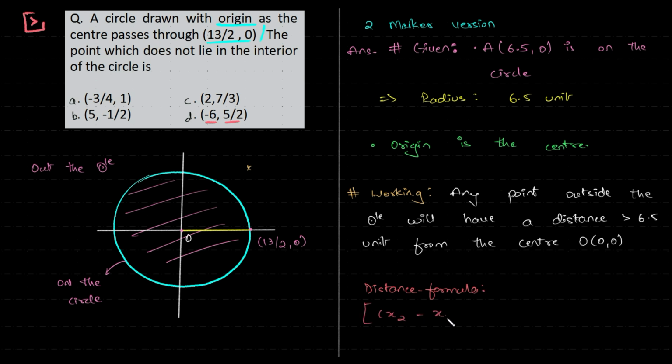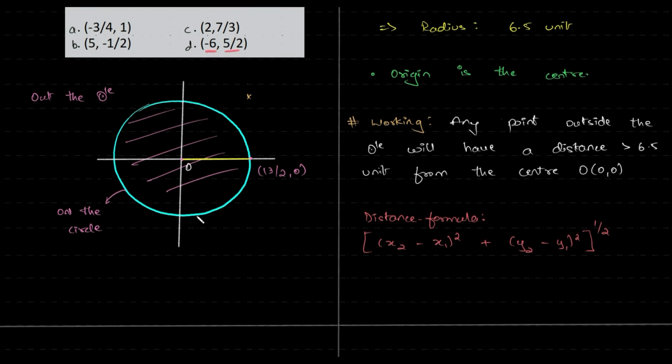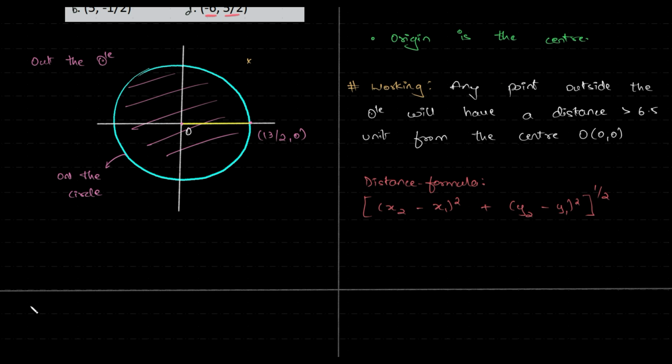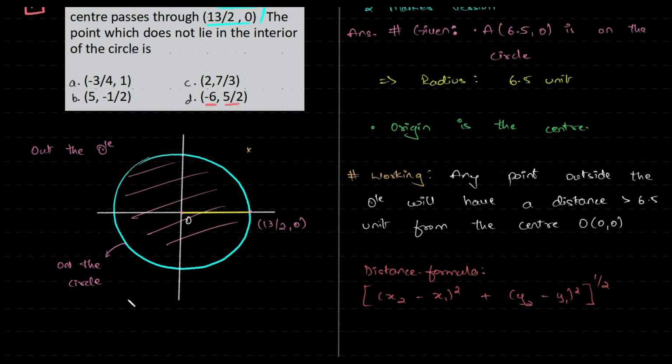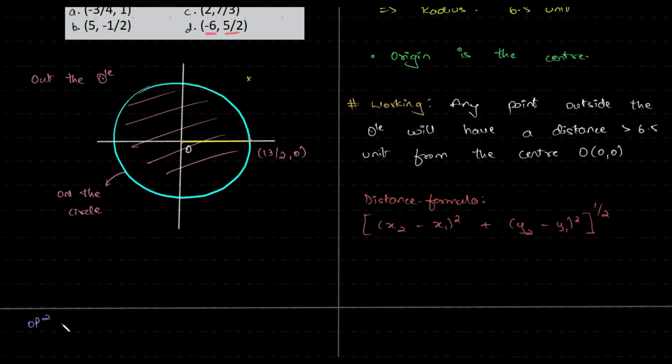Which is (x2 minus x1) the whole square plus (y2 minus y1) the whole square, to the power of half. Now we have OP, where P is this point. Just go with it. OP is equal to (minus 6) the whole square plus (5 by 2) the whole square, to the power of half.